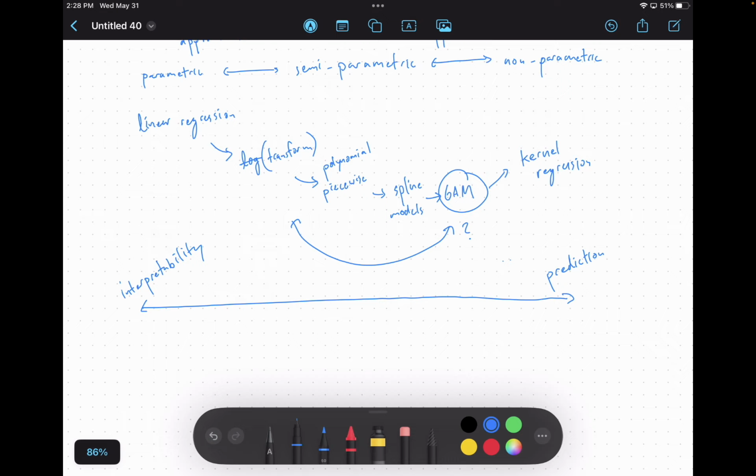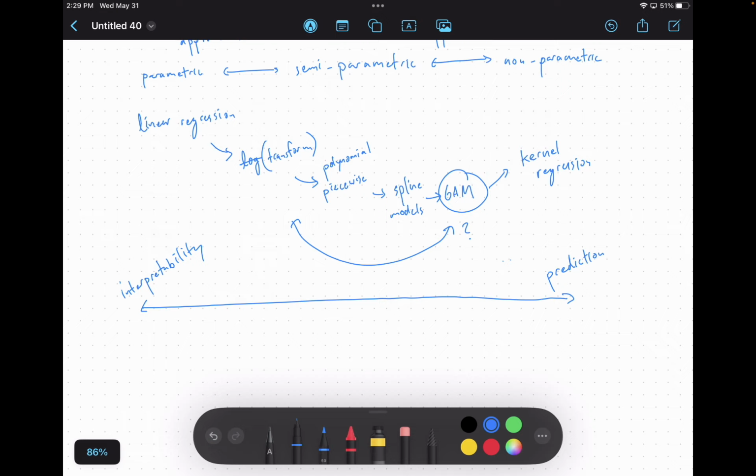Okay, but you can also think of square transformations or cubic transformations, whatever. And doing the interpretation of a square transformation, I would argue, is slightly less intuitive, right? Because you have to say, as you increase by a unit squared, then it changes the outcome variable by some amount.